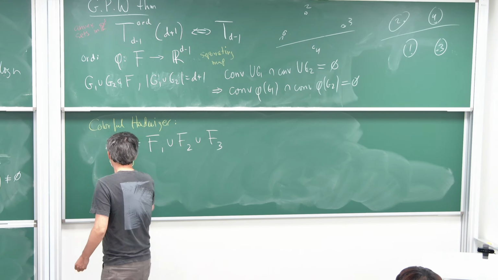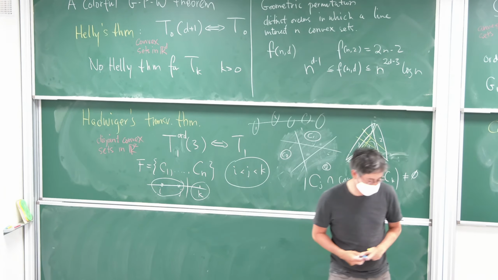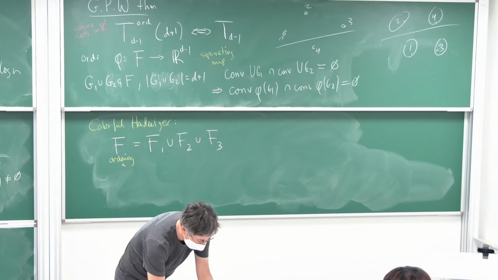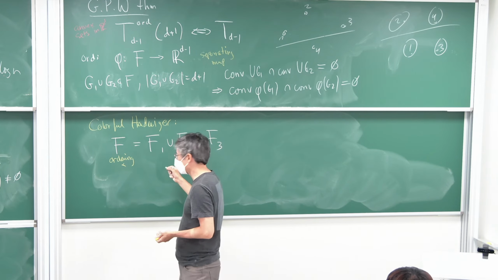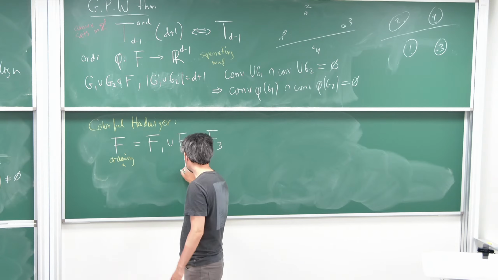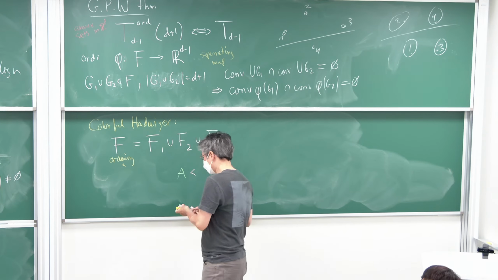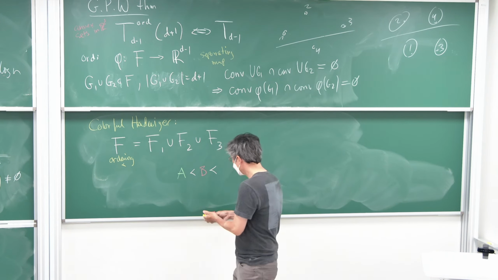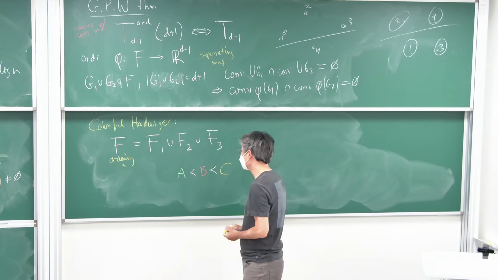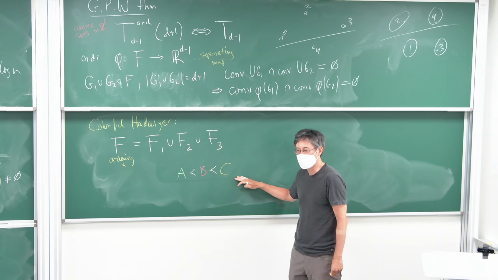The condition is that whenever you take sets of distinct color, so say you take a set that's green, you look at the ordering, then they should have a line that intersects them in this given order.